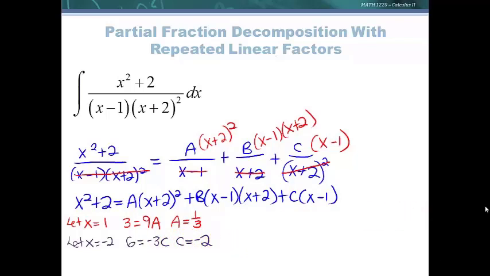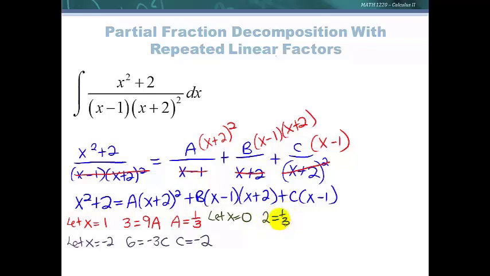That's great, but how are we going to find b? What we're going to do is choose another x, and it's not one that's going to zero anything out, but we've already got the a and the c, so we will substitute those in with the x that we choose, and then we're going to be able to find b. So maybe I will just let x equal 0. I just picked 0 because 0 usually makes things a little easier. We'll see. So I put 0 here, plus 2 equals 2.